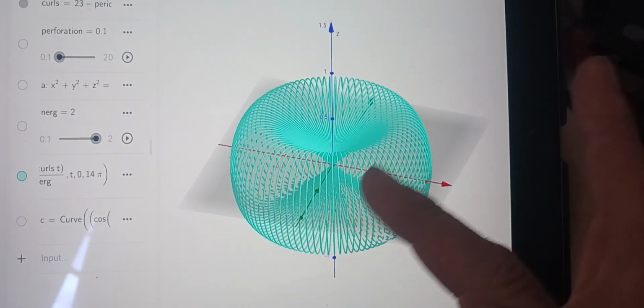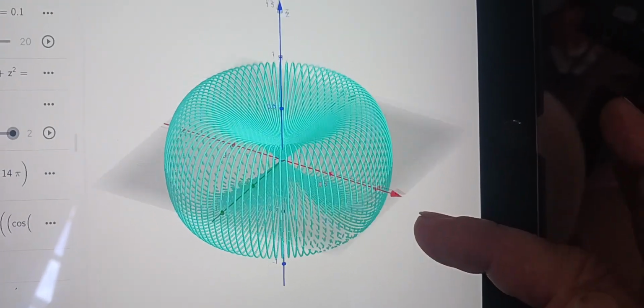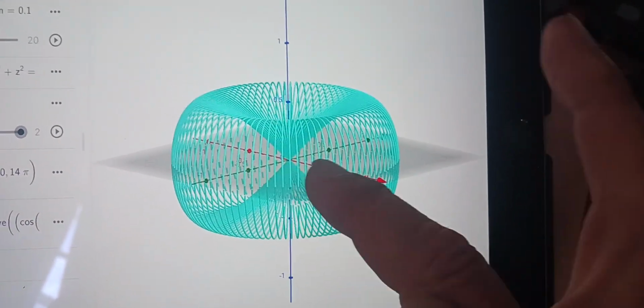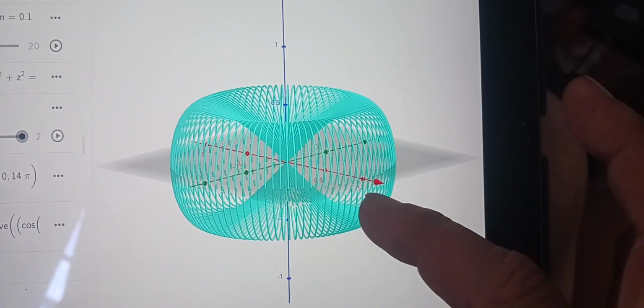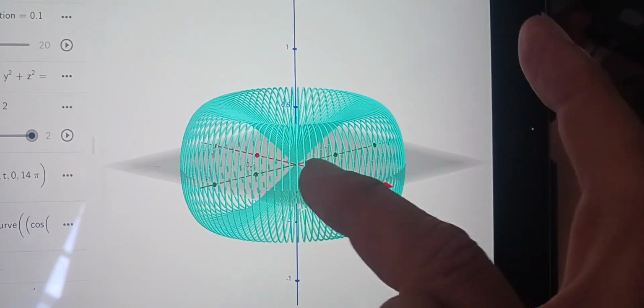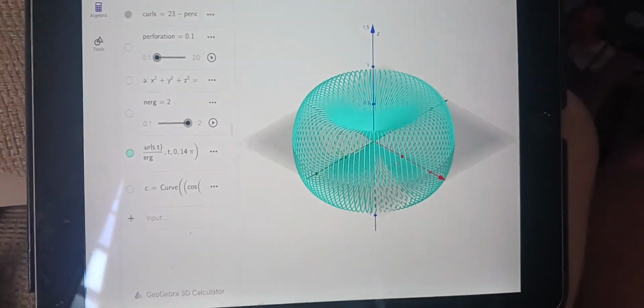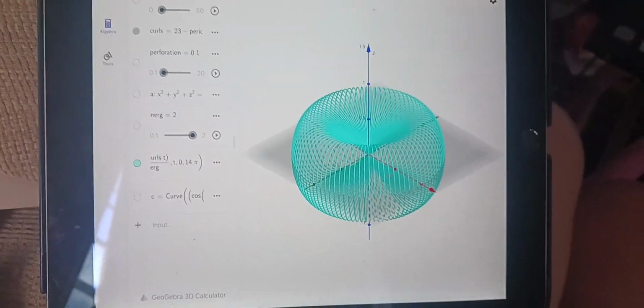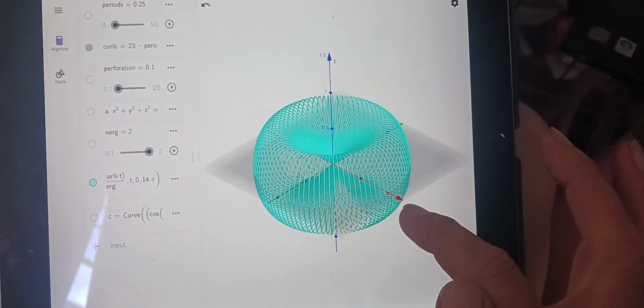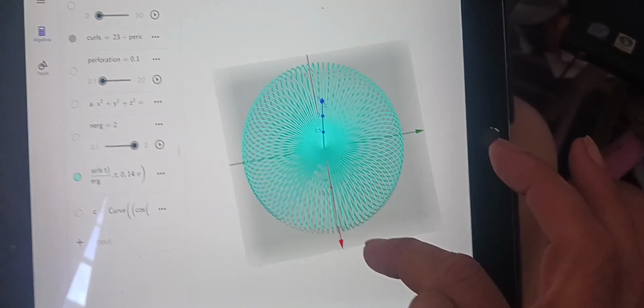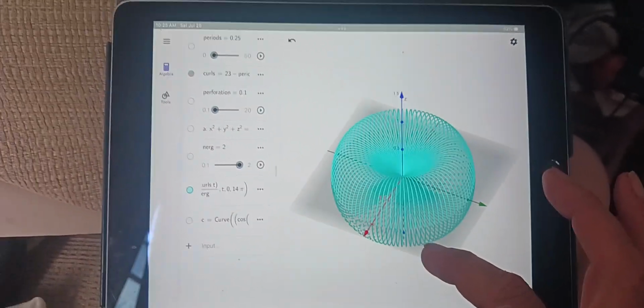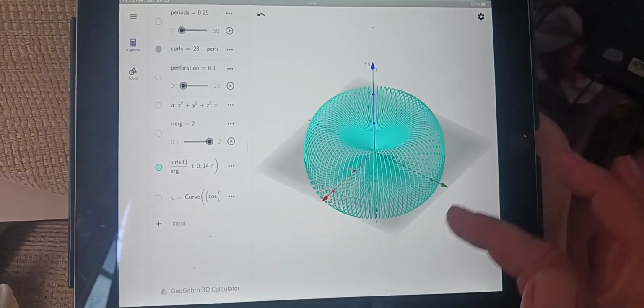This is the Klein bottle, only it's the symmetric version of the Klein bottle. Instead of the perforation being there, in the full version of this, we make the 0,0,0 origin non-existent. It's an impassable path.